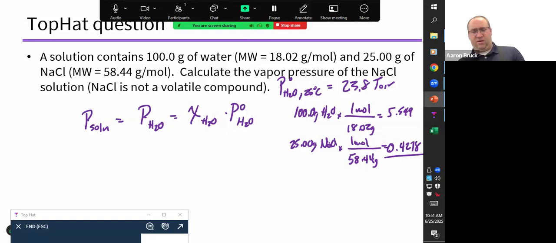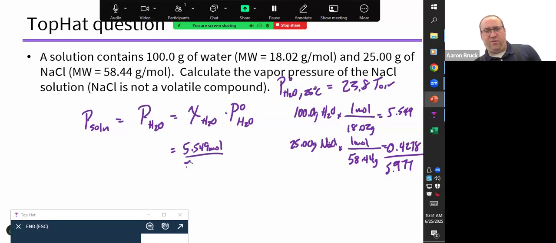So adding those together, 5.977 moles. So for mole fraction, 5.549 moles of water over 5.977 moles in total, multiplied by the 23.8 torr.